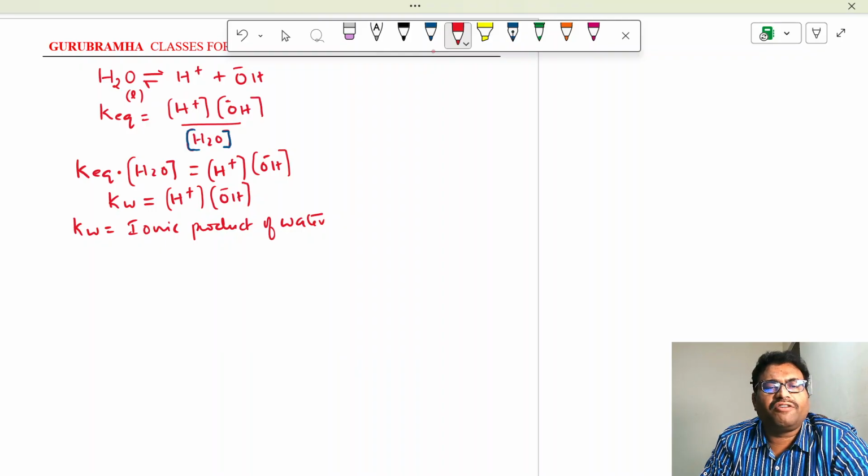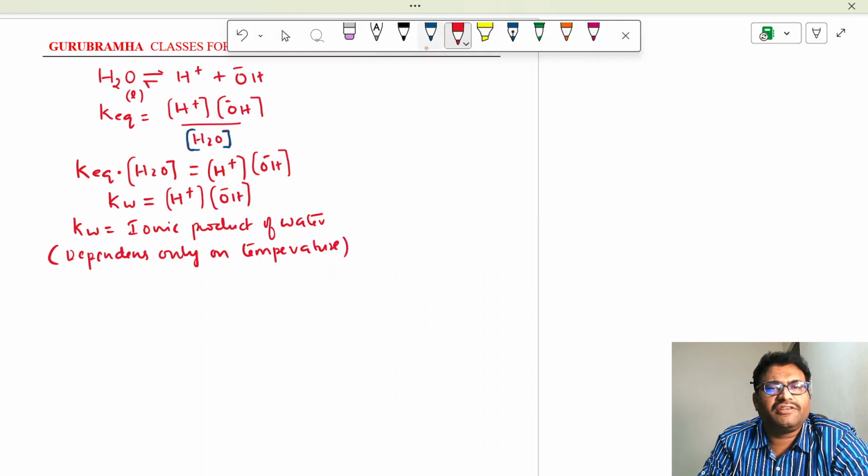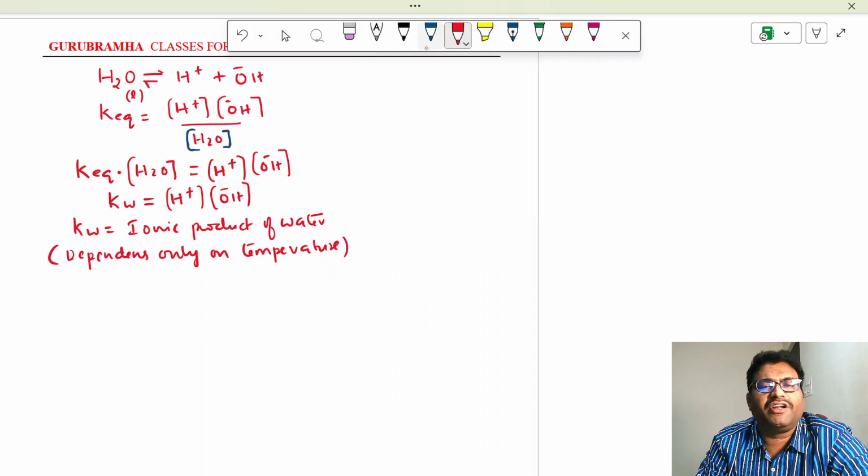This ionic product of water depends only on temperature. It is temperature dependent. It does not depend on any other factor.